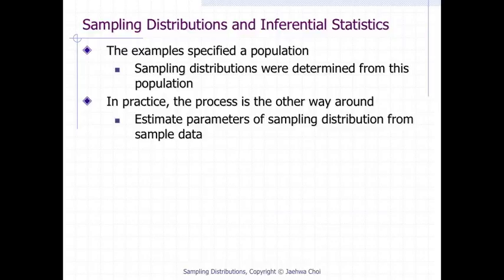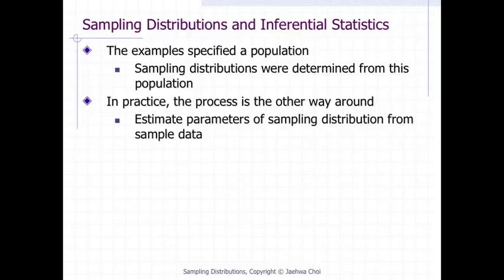As we stated at the beginning of this section, sampling distributions are important for inferential statistics. In the examples given so far, a population was specified and the sampling distribution of the mean and range were determined. In practice, the process proceeds the other way. You collect sample data, and from these data, you estimate parameters for the sampling distribution.